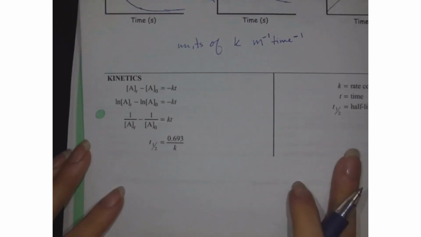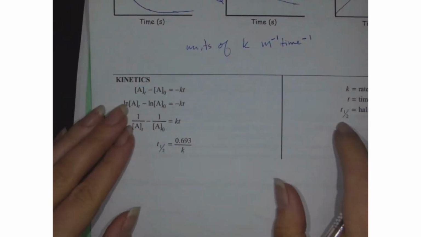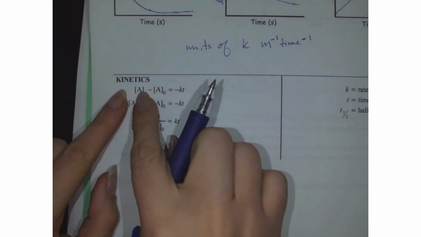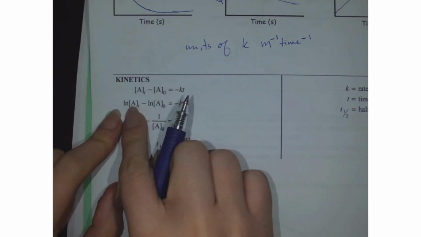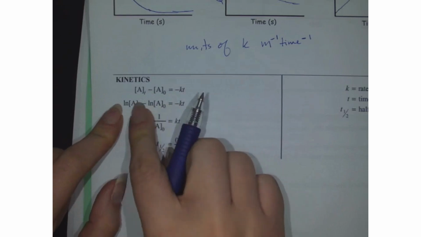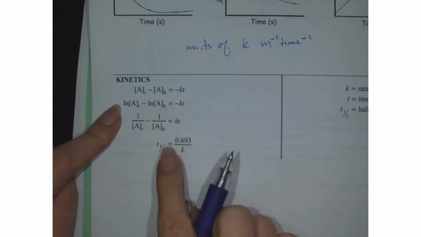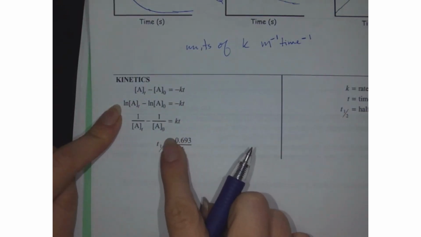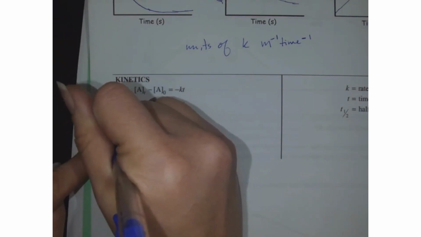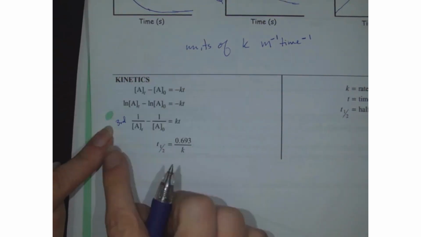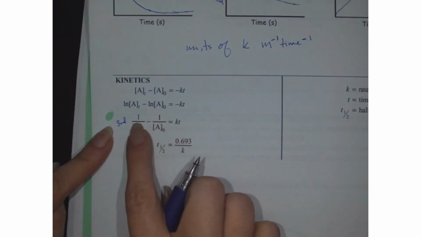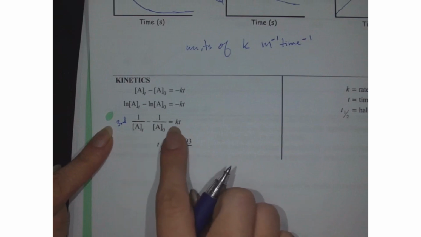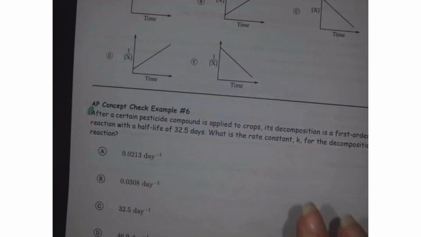And just like before, in our reference guide, we know we're not using the first one because that's zero order. We know we're not using the second equation because that's first order. This only goes with first order as well. So we would be using our third equation, which is the inverse concentration equation right there. Great.